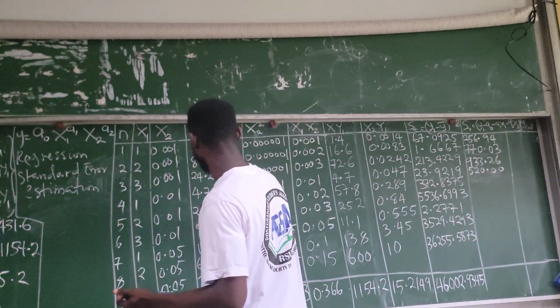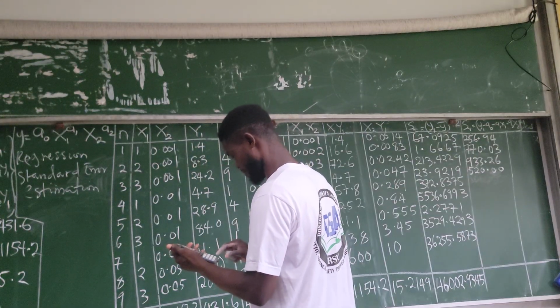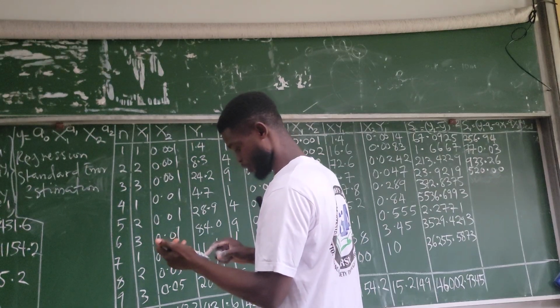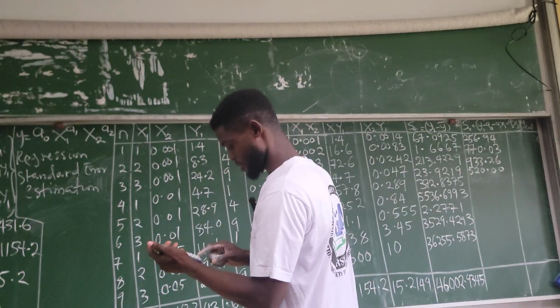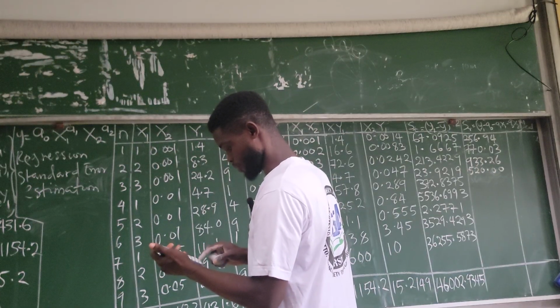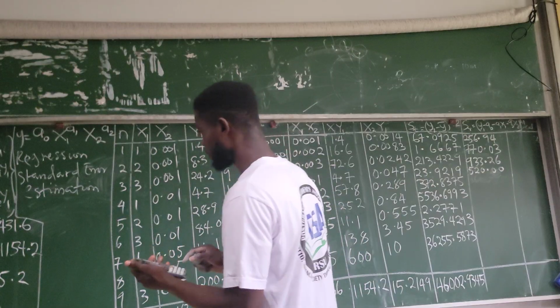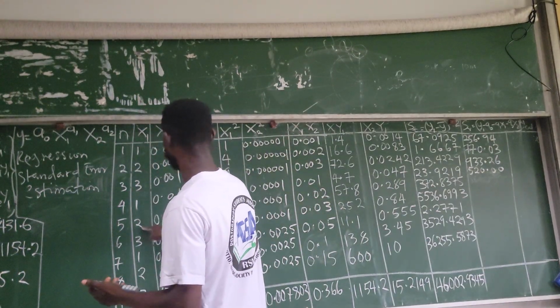Our y for 5, that is 28.9 minus A0, which is 2.48 minus A1, 18.70 times x1 for that column. X1 for that column is 2.